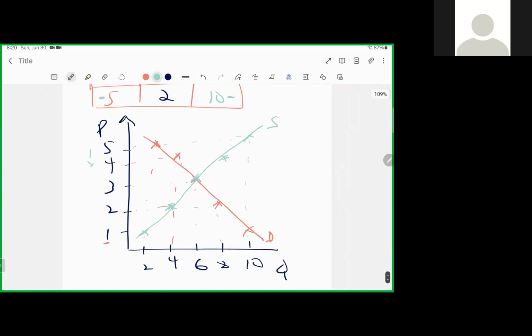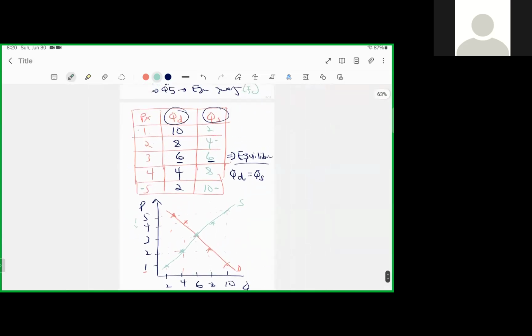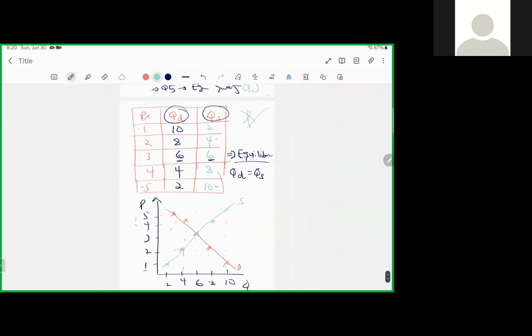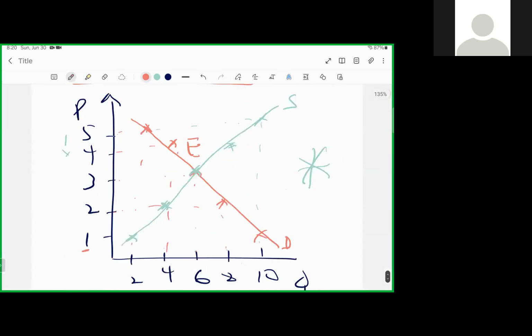So you can clearly see that we have represented this schedule in a graphical form, which shows that particular point of equilibrium, where demand is equal to supply. Here the equilibrium price will be P3, and the equilibrium quantity will be 6.